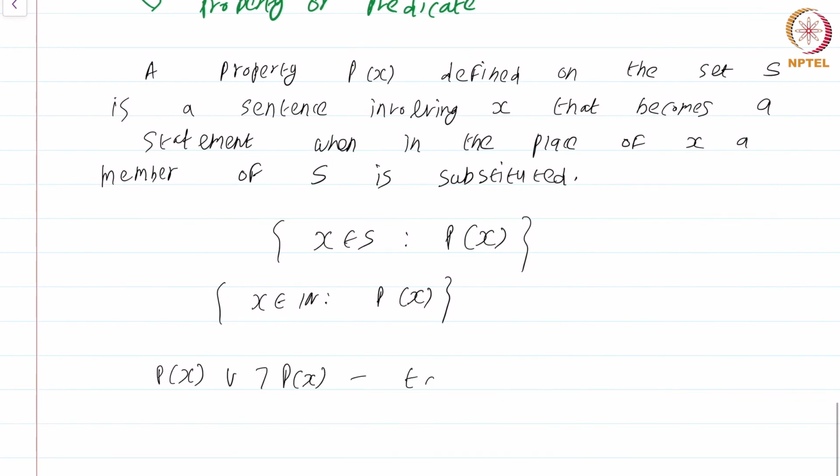This is a tautology irrespective of what you substitute for x. It is a tautology even if this P of x had been an entirely different property. It's still going to be a tautology because a tautology does not depend on the nature of the individual letters that constitute the statement, but rather it depends only on the meaning of the logical operators. Either a statement is true or not. Therefore, P of x or negation P of x is a tautology.